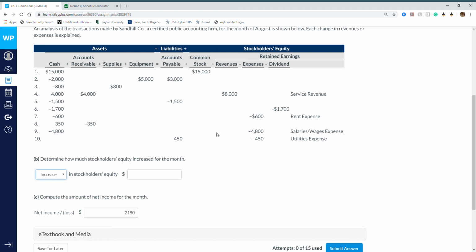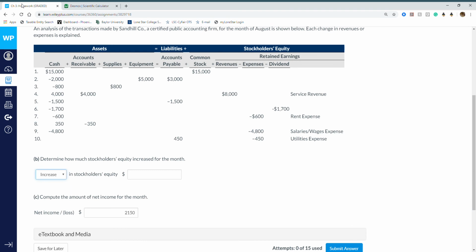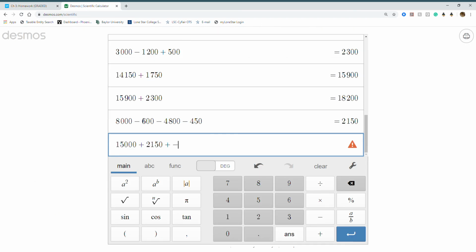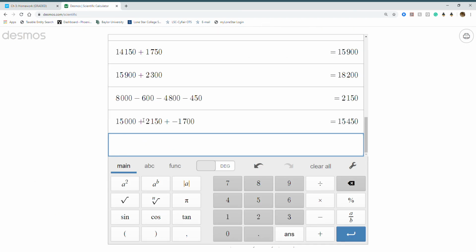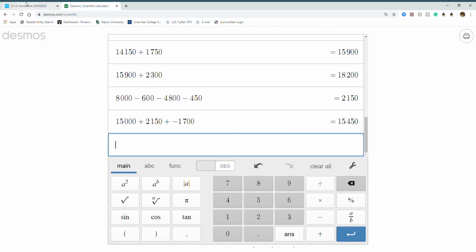So all we do basically is take the 1,500, add on our 21,550, and then subtract 1,700. So 15,450. At least that's what I'm figuring, since it's saying stockholders' equity. So yeah, it was 15,450.